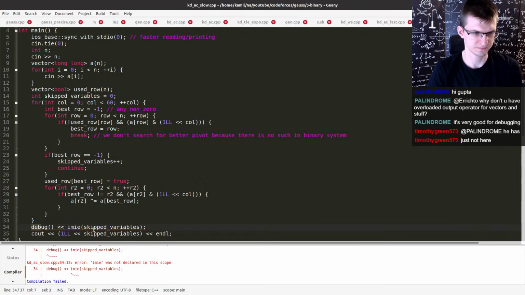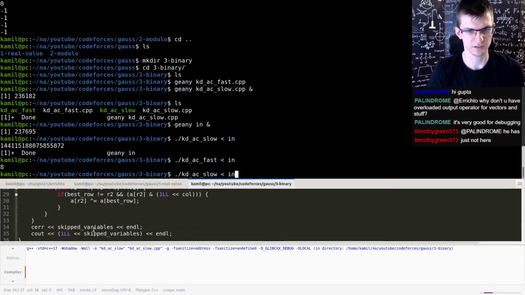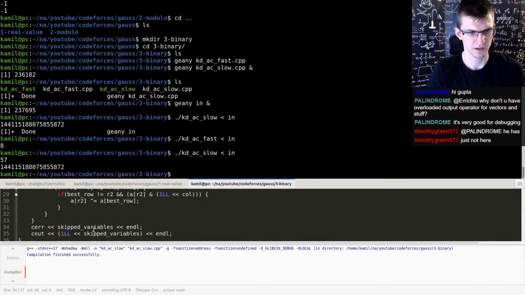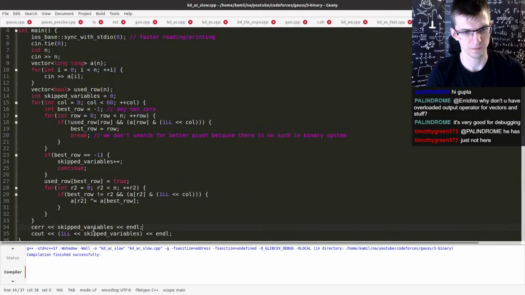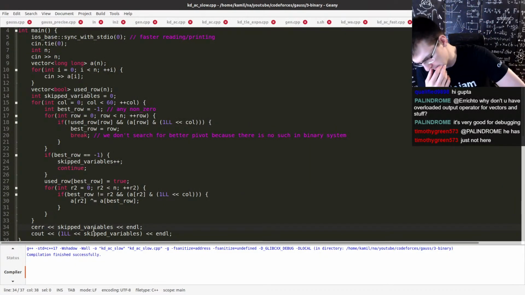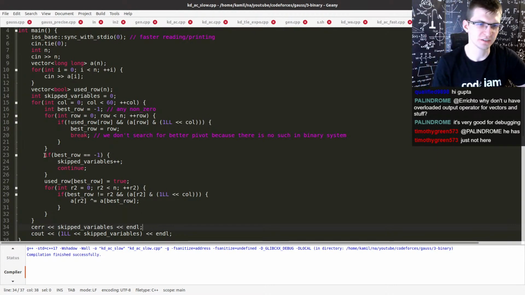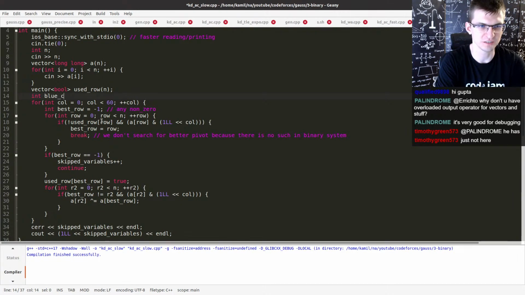All right. I thought that I have my templates with me. Let's print what the skipped variables is. 57. Because I'm not measuring skipped variables, am I? I think I'm measuring not skipped variables. Should I count the blue circles?